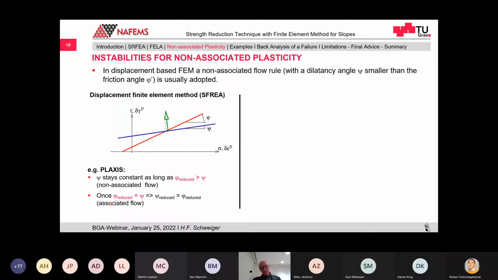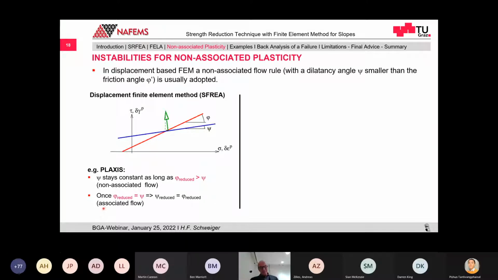I'm not 100% aware of how other codes do it, but in practice, what they do is when they invoke the phi-c reduction, so the strength reduction, they keep the dilatancy angle constant as long as the reduced friction is larger than psi. Only when you reduce the friction so much that it would reach psi, the dilatancy angle, then they reduce both.